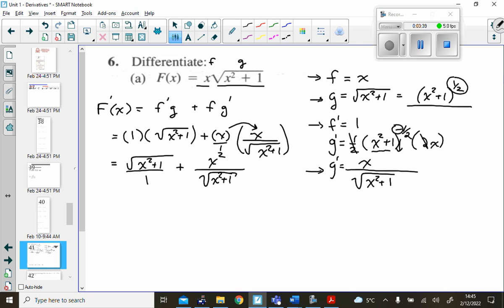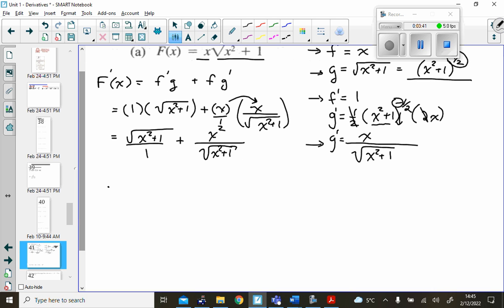You're trying to add two fractions together, so I'm going to get a common denominator, which means the first term, the square root of x squared plus 1, I'm going to multiply by the square root of x squared plus 1 on top and bottom to therefore get a common denominator. I'll just leave this second term the way it was.